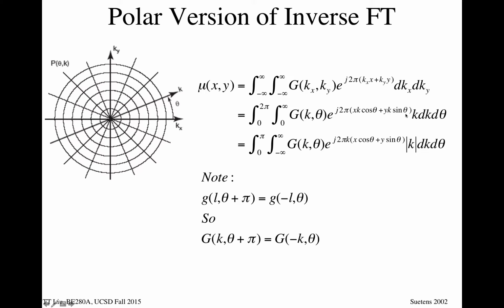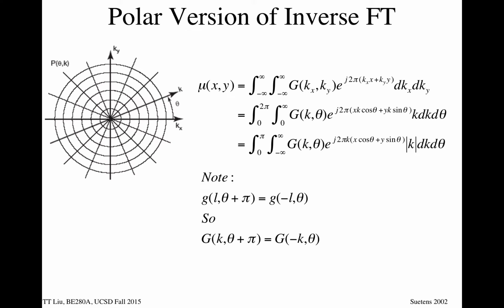Okay? However, in going to polar coordinates, and this is the key thing about the whole thing, because of this density issue, the Jacobian of that integral, when you transform into polar coordinates, has a k in it. Right? So the Jacobian is k dk d theta. And you recall when you're doing integration in second year calculus of multivariables, when you go into a different coordinate system, you need to calculate the Jacobian if you're going to do an integration.